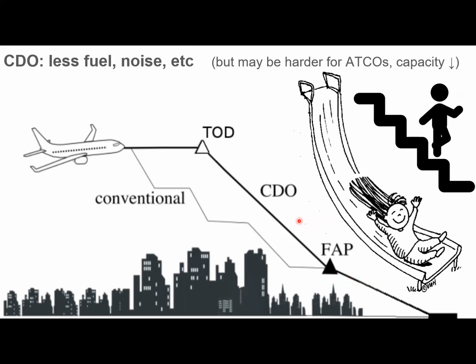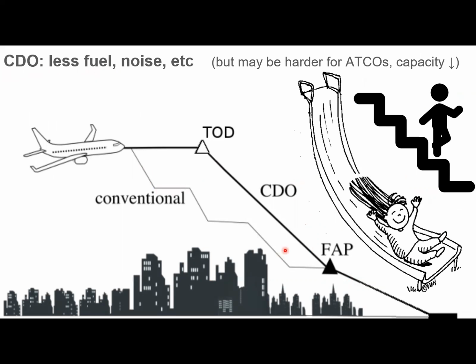Okay, so let's forget about the drones and consider just the regular operations for conventional aviation. A recent thing that came in and had a lot of promise in terms of being environmentally friendly and good otherwise is the concept of continuous descent operation.